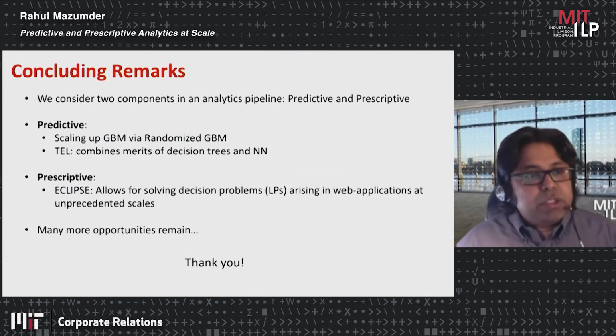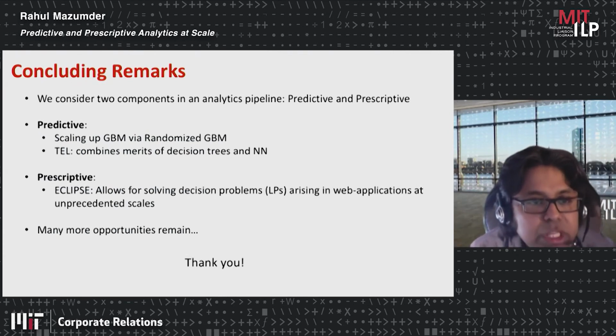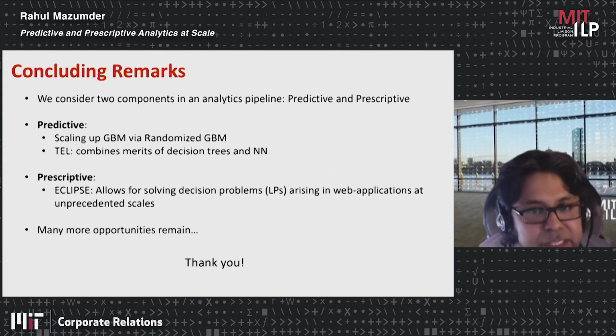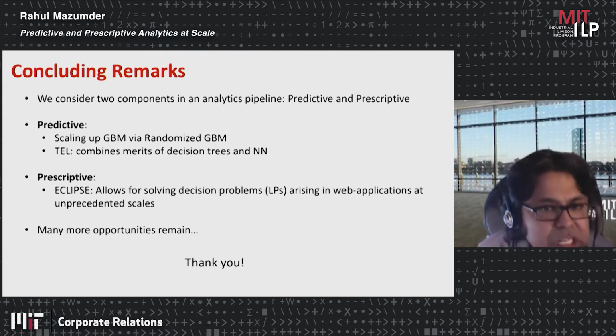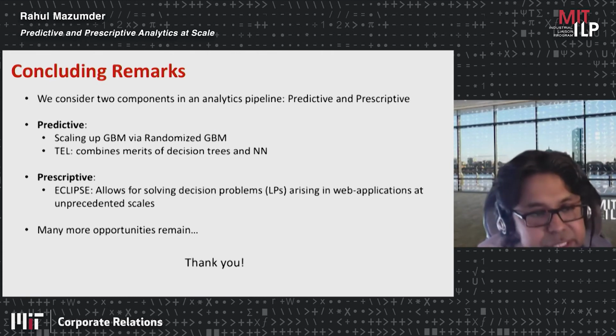All right, so let me conclude. We can consider two key components in an analytics platform. One of them is the predictive part, and the other one is the prescriptive part. The predictive part focuses on boosting and proposes an algorithm to scale up boosting even further, known as randomized gradient boosting.